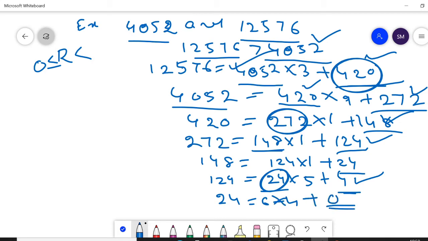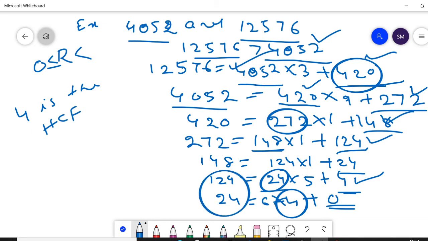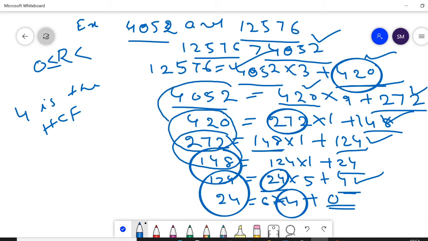Then what we get? 4 is the HCF. 4 is the HCF of 24 and 124. 4 is the HCF of 148 and 124. 4 is the HCF of 272 and 148. 4 is the HCF of 420 and 272. 4 is the HCF of 4052 and 420.